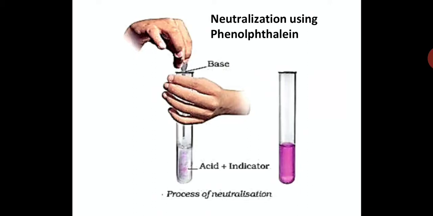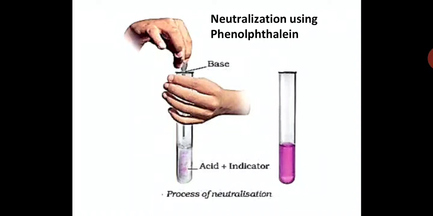Here you can see an acid, and you add a few drops of indicator, that is phenolphthalein. In the process of neutralization, when you keep adding base, you can see from the top of the test tube you keep adding a few drops of base, and when the base goes in the test tube, it will still be colorless.